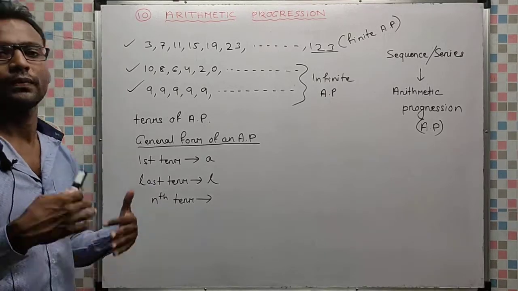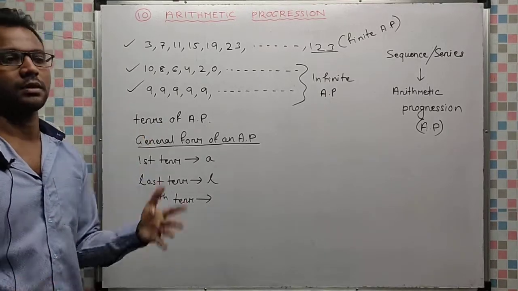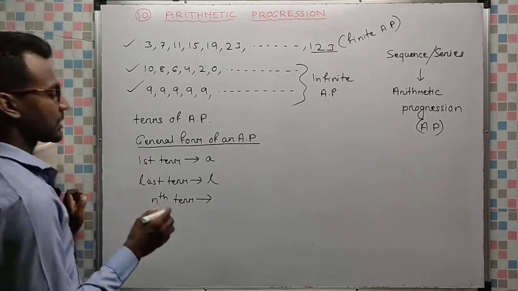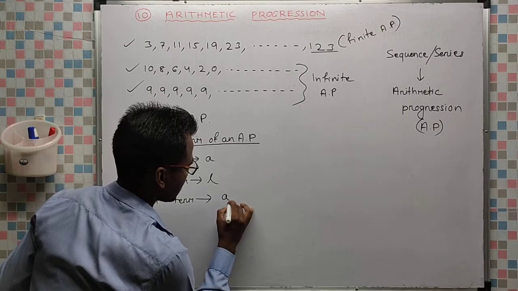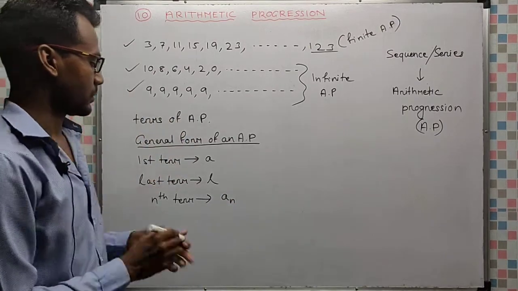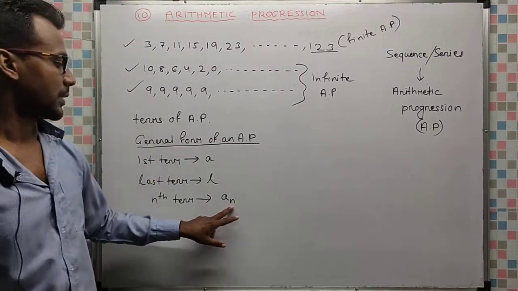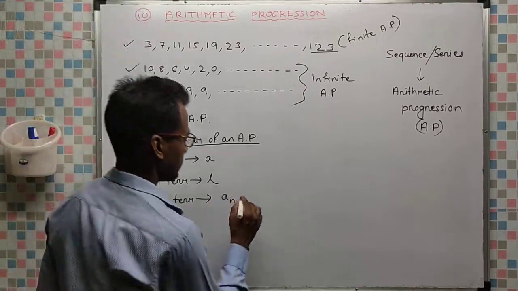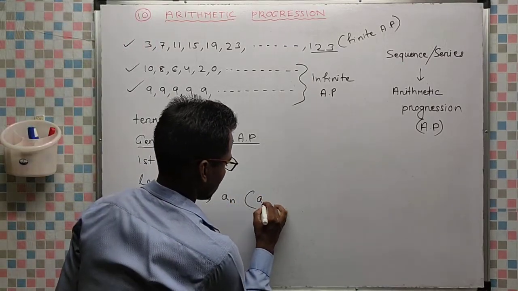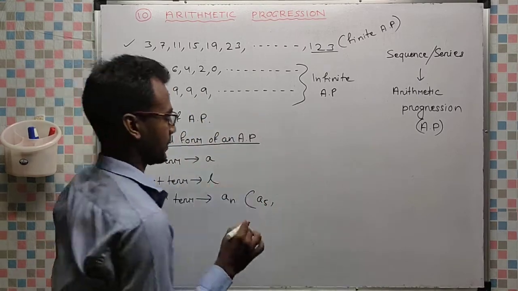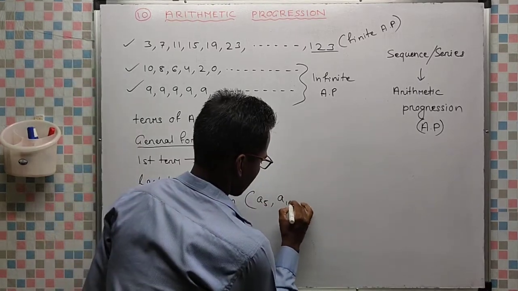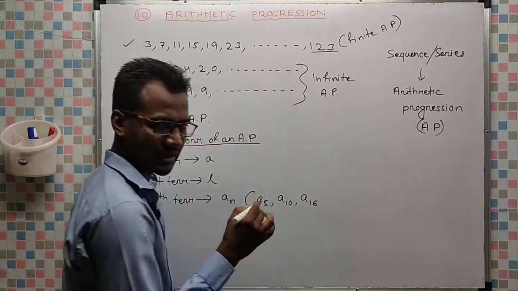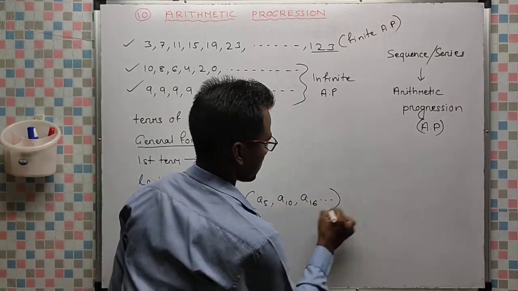Suppose 5th term, 7th term, 11th term, 2nd term, 4th term, etc. Nth term is represented as a subscript n, a_n. For example, a5 means fifth term, a10 means 10th term, a16 means 16th term, in this way.